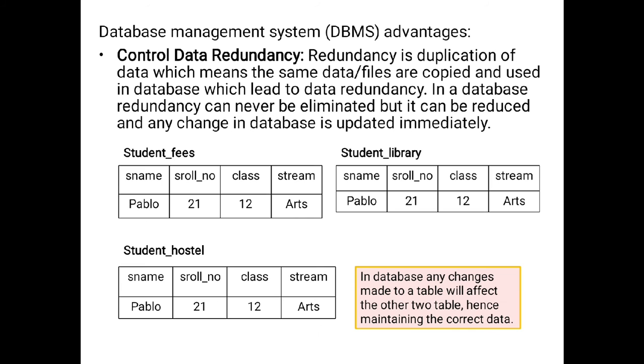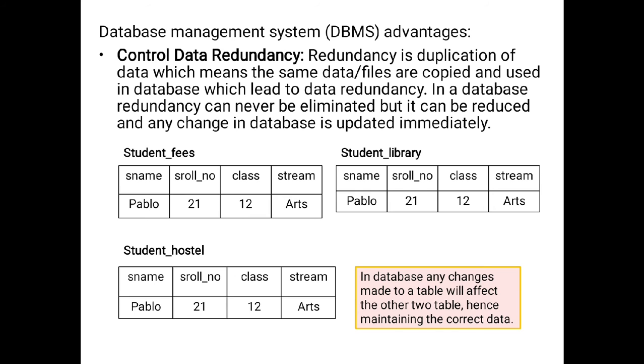That name will be reflected in the student library and the student hostel automatically, because it is updated in the database. If it is changed in the student fees, it will change in the student library and the student hostel also.